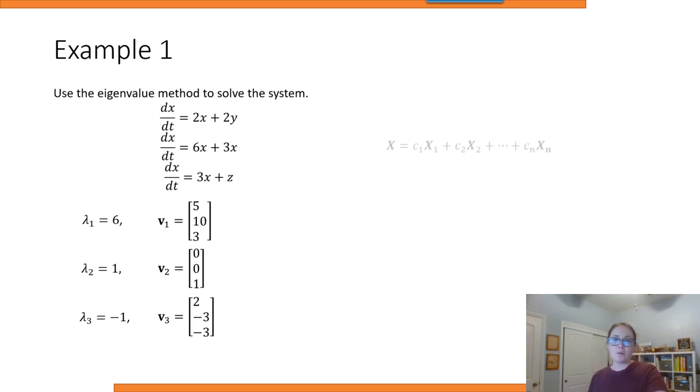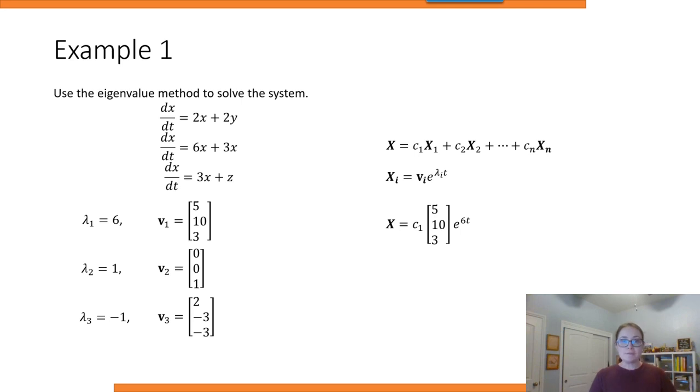Right? So remember that our solution is a linear combination of all the x's, and the x's are equal to v times e to the lambda t. So for each eigenvalue, I'm going to take the eigenvector that's associated with it and multiply it by e to the lambda t.